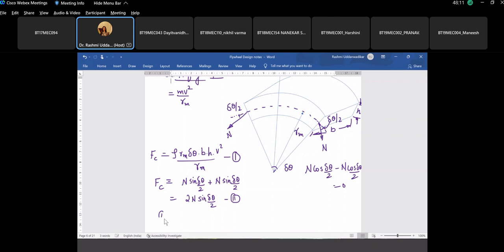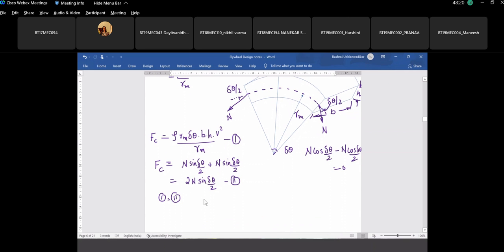So if I equate 1 with 2, simplify this and give me the expression. As you understand, we always simplify. For small value of delta theta, sine delta theta is equal to delta theta.